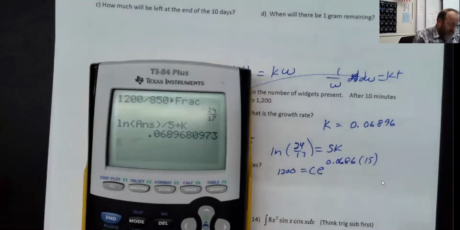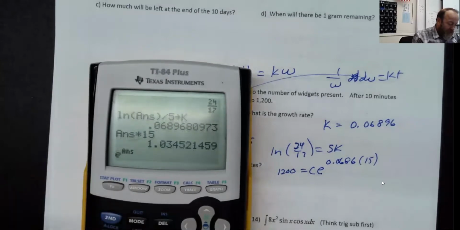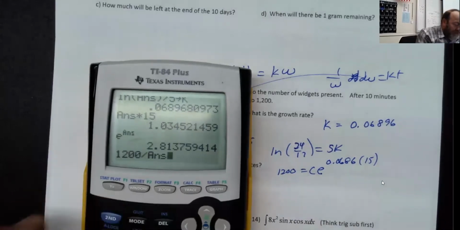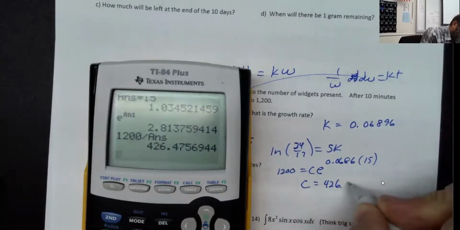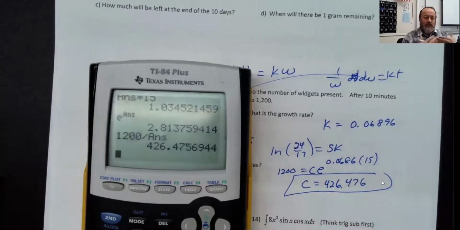So if I multiply k by 15 and I take e and raise it to that power, all I have to do is take 1,200 and divide by this value that I just got. So let's see, 1,200 divided by that value. It looks like my initial condition C is 426.476. So there were that many widgets starting my story, okay?